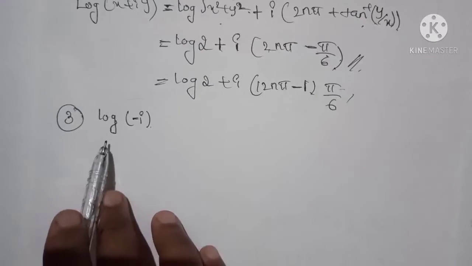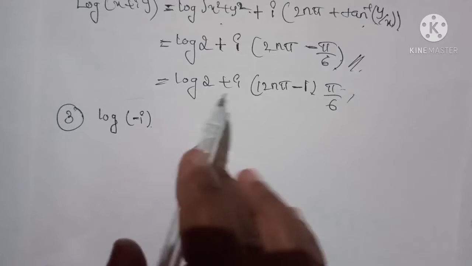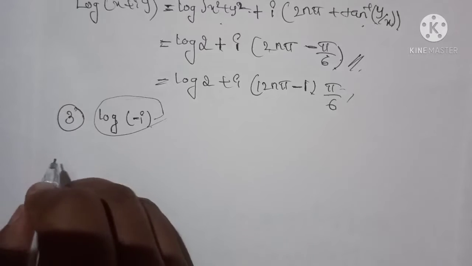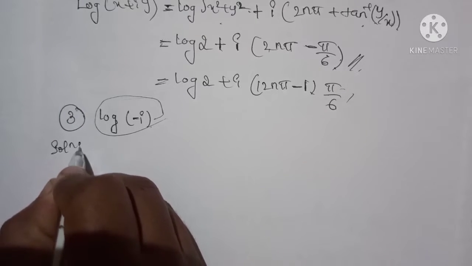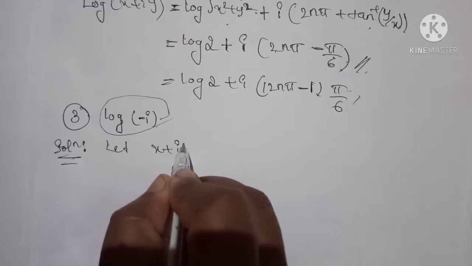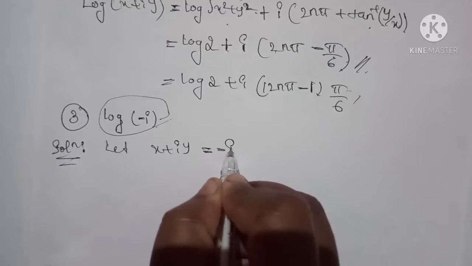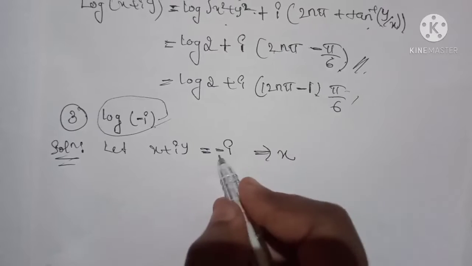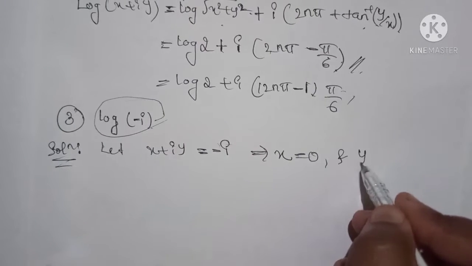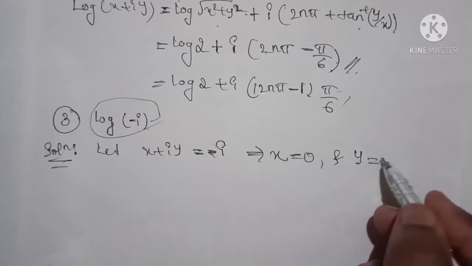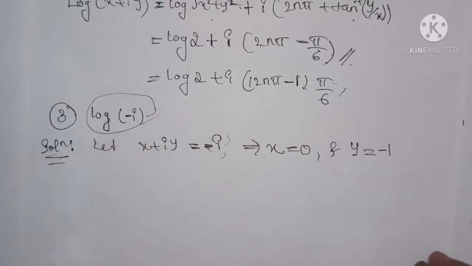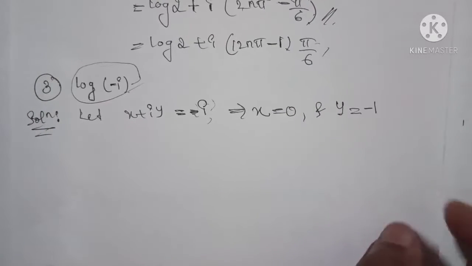Next question, log of minus i. Here given that find the general value of this complex quantity. First we take x plus iy equals minus i, which implies that x equals 0, as the real part is absent, and the imaginary part y equals minus 1. Don't take the i term; we should take only the coefficient of i.